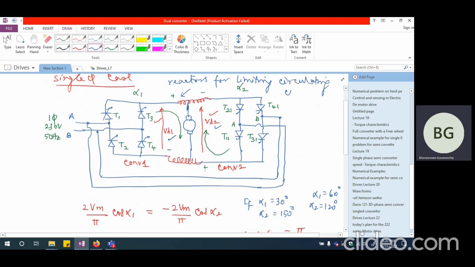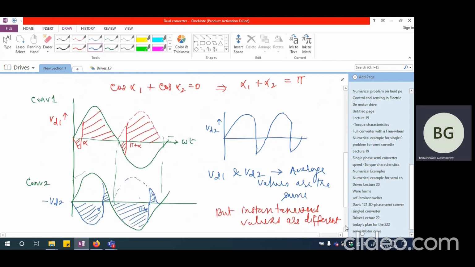Although the average values are the same, we are not really going to limit the circulating current unless I have some resistance and inductance connected in the circuit. That is the reason why we are going to have these inductances connected in between the two converters. Before connecting the DC motor also, we will need this kind of reactors connected like this.